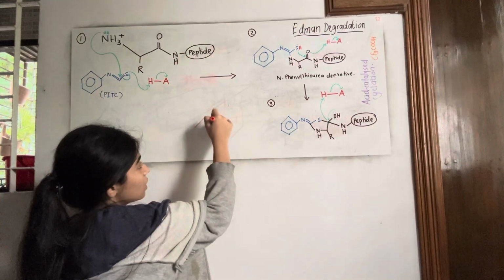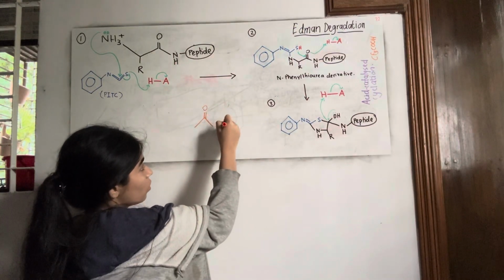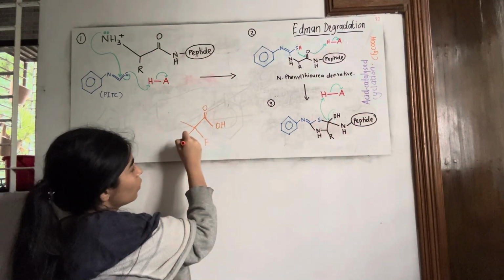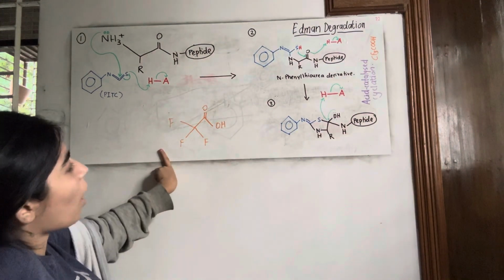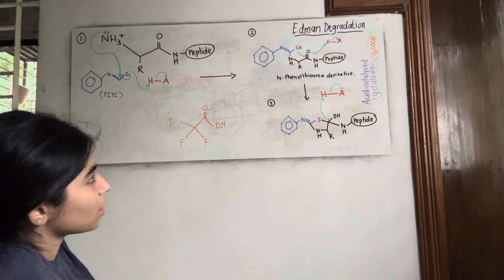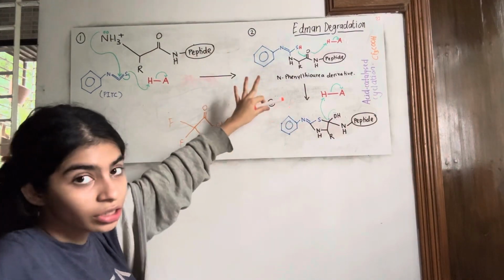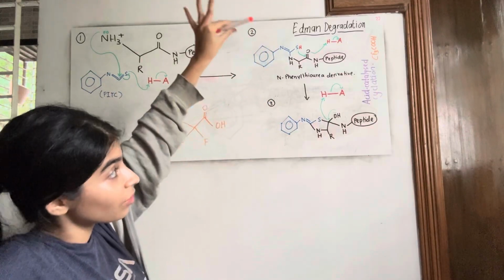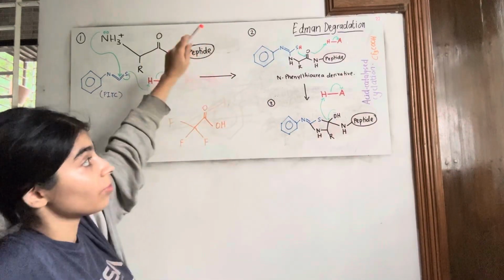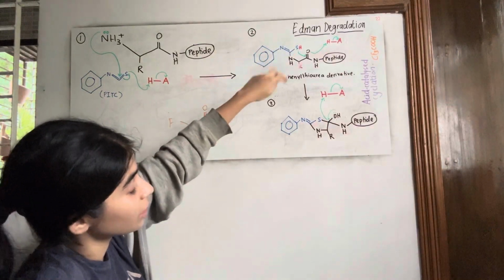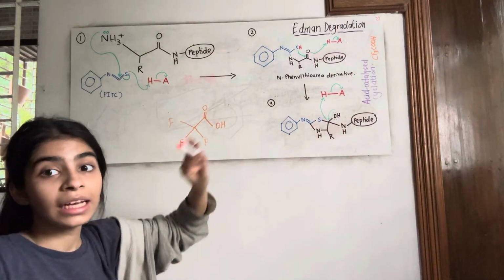COOH, see, we got F. We have used this structure before, I think in the BOC. So this is called acid catalyzed cyclization in the presence of CF3COOH, where the N-phenylthiourea derivative turns into a tetrahedral intermediate.